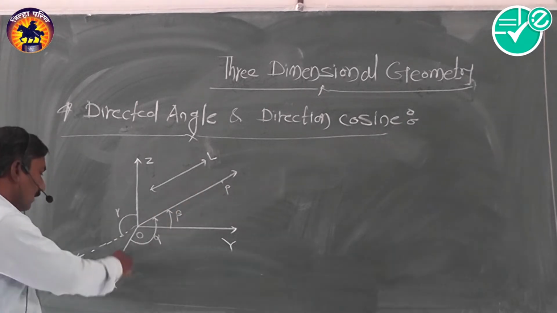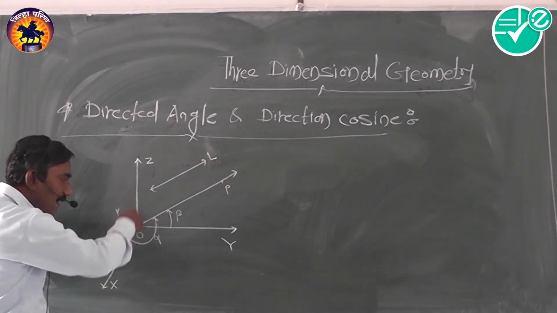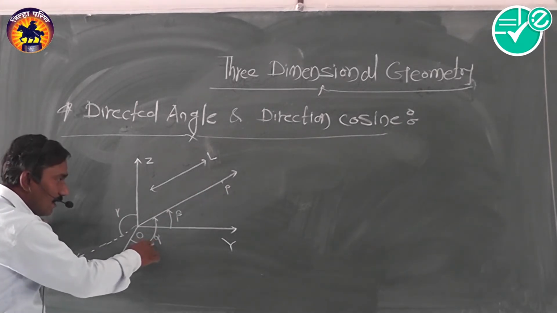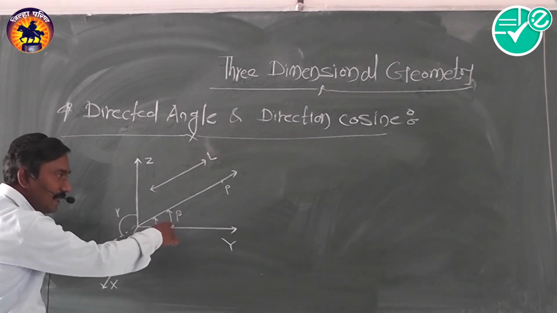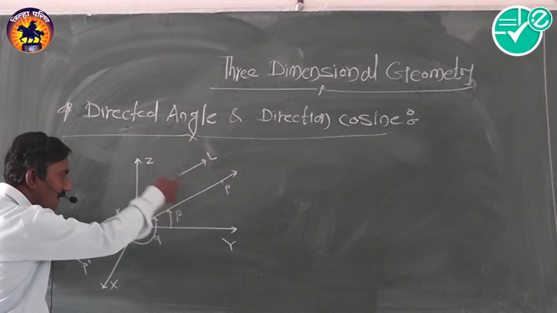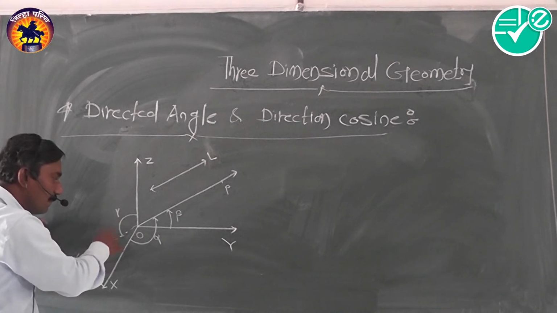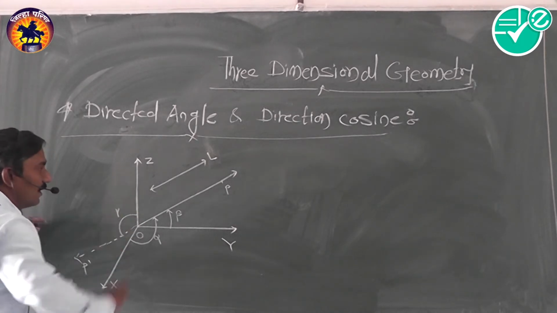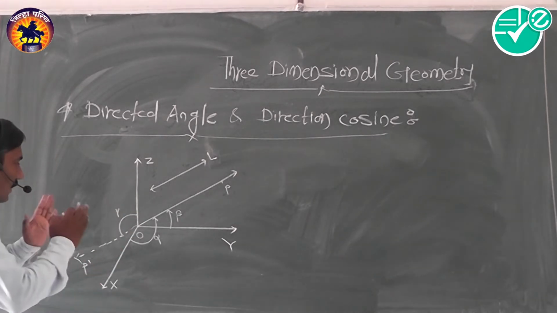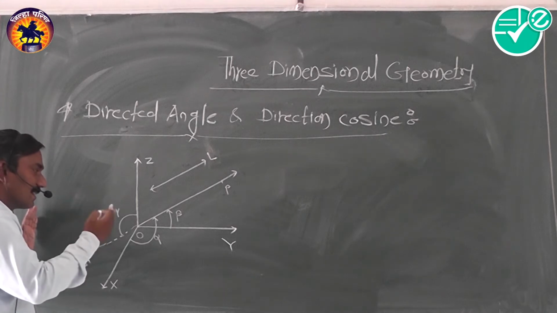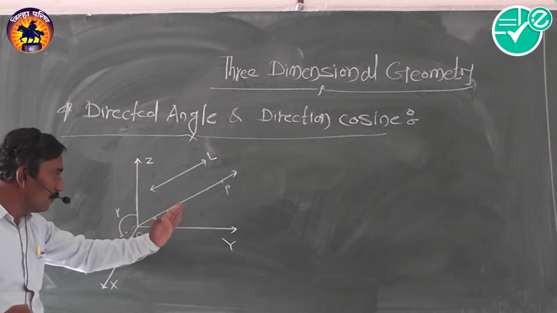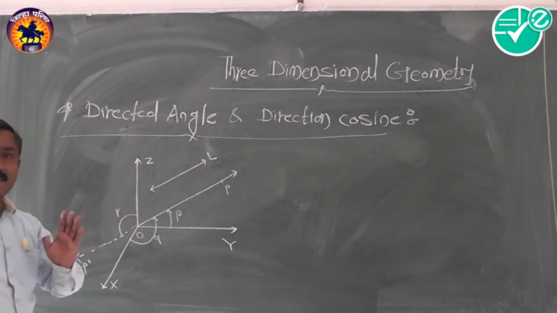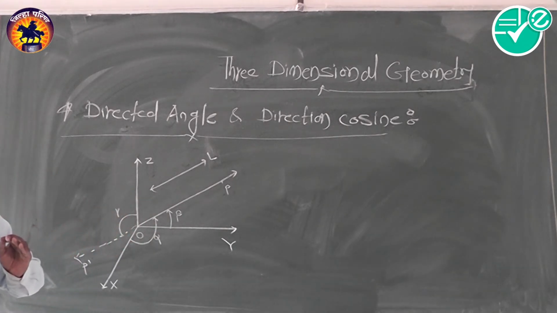So here the OP line creates the angle alpha with the x-axis, angle beta with the y-axis, and angle gamma with the z-axis. So this line creates three angles, that is alpha, beta, gamma. Those angles are called directed angles.